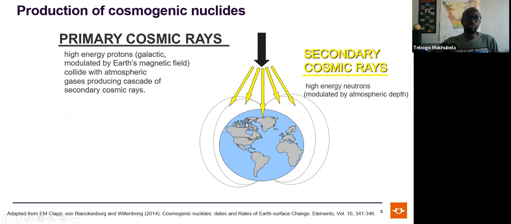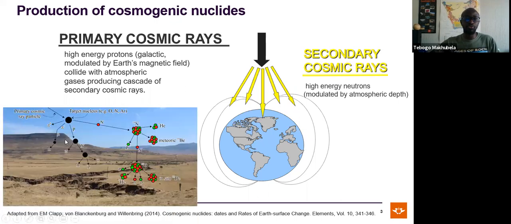So these so-called cosmogenic nuclides, they are rare isotopes that are formed when primary galactic cosmic rays that are entering our atmosphere collide with atmospheric gases and produce a cascade of secondary particles, which are high energy neutrons. And these go on to produce cosmogenic nuclides in the atmosphere, which are called meteoric cosmogenic nuclides.